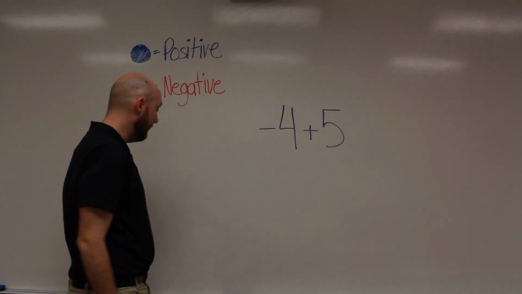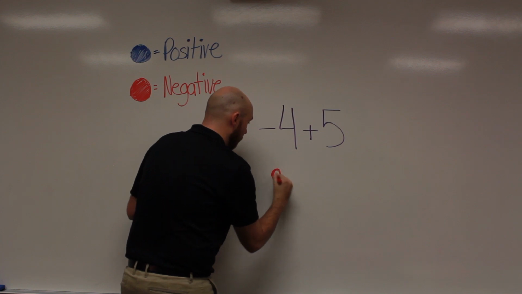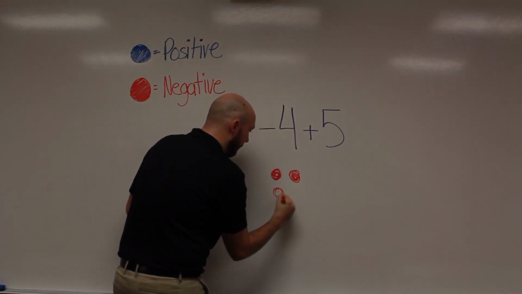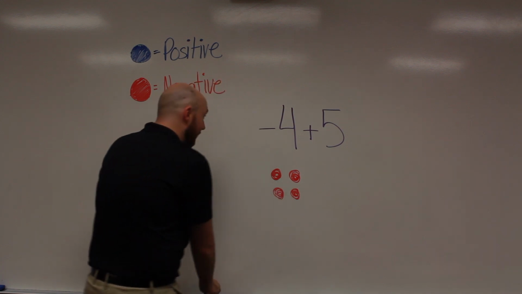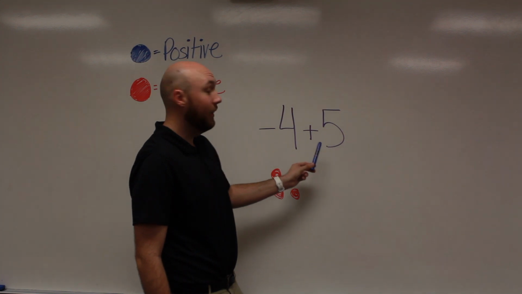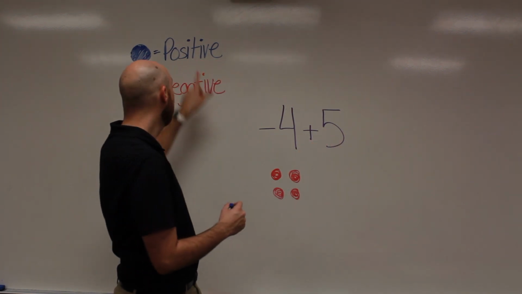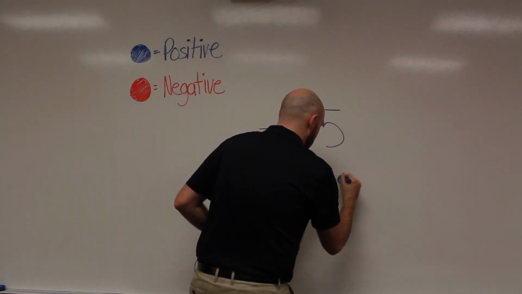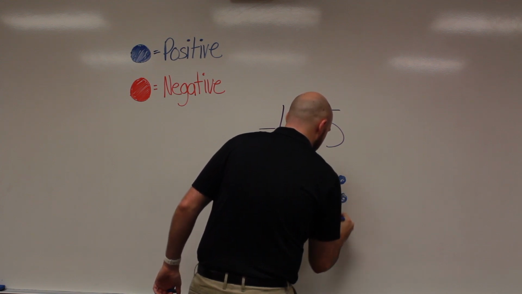We got 4 negatives, so I'm going to draw 4 red circles: 1, 2, 3, 4. And we're adding 5. It's a positive 5 because there's no negative sign in front of it. So we're going to draw 5 blue circles: 1, 2, 3, 4, and 5.